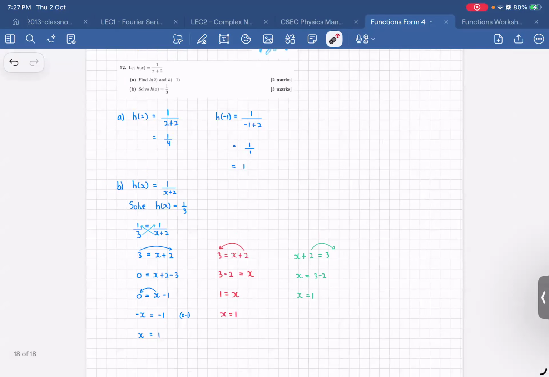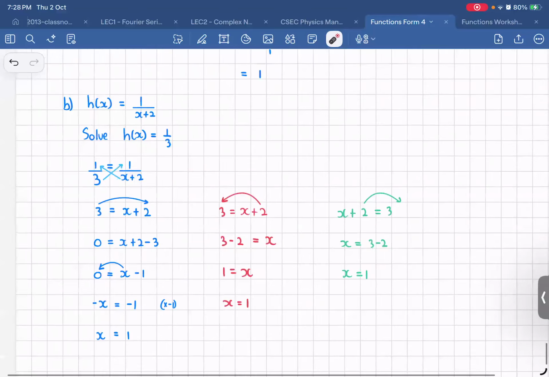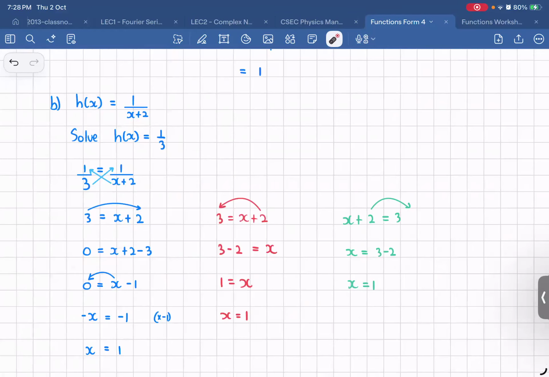And let me show you something really cool. They wanted us to solve for h of x is equal to 1 over 3. So in other words, Rhea, what would give us 1 over 3? That's what they were waiting to find. So remember, what did we find x to be? We get x to be equal to 1. So if I find h of 1, I'm supposed to get 1 over 3.